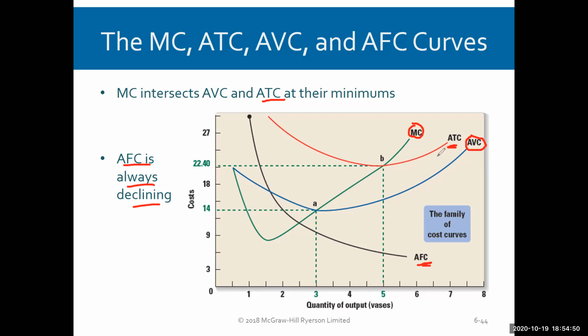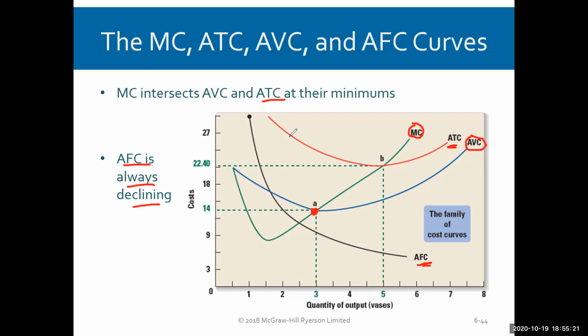But let's look at the average total cost. Recall that when we did marginal cost and average variable cost, we saw that marginal cost cut right at its minimum. And that's because anytime marginal is below average, average will keep falling. As soon as marginal cuts above average, average starts rising. So therefore, marginal is cutting average right at its minimum. Now, the average total cost is completely related to this production process too.